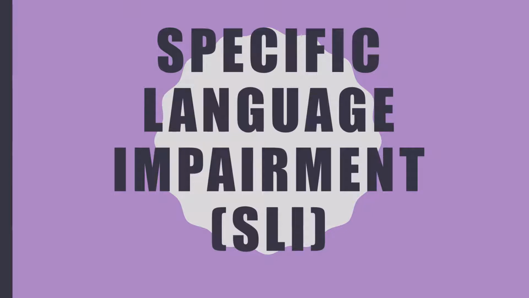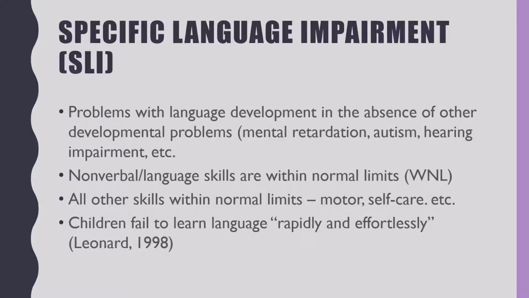The last disorder we're going to discuss is specific language impairment, or SLI. A child with SLI has difficulties with language only and nothing else. They don't have autism, they don't have hearing impairment, and they don't have Down syndrome. They just strictly have a language delay with no known etiology. They come to see you as an SLP and they look perfectly normal, but they just don't know how to talk.